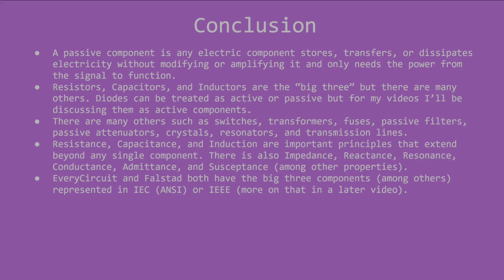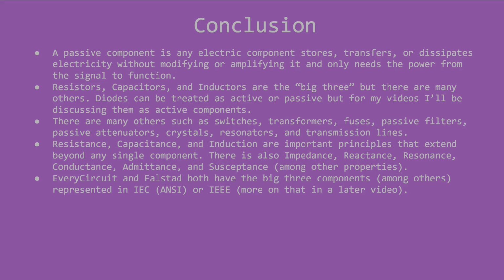Diodes can be treated as active or passive in certain cases, but in my videos, I'll be discussing them as active components. Some of the other passive components include switches, transformers, passive filters, passive attenuators, crystals, resonators, and transmission lines. We'll have videos about some of them.